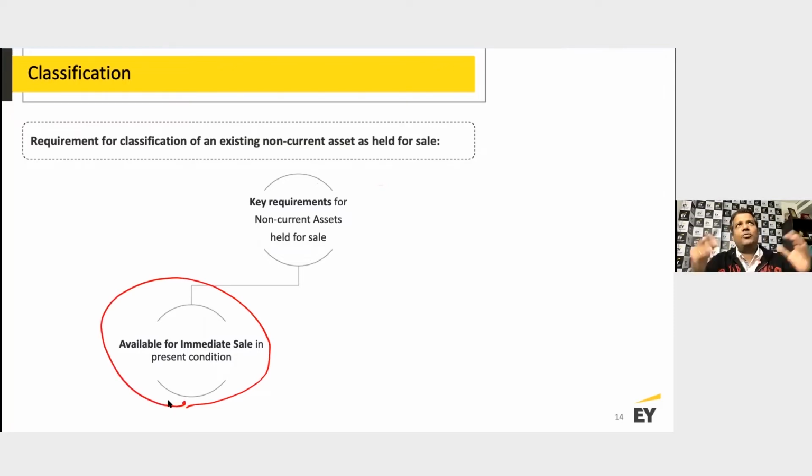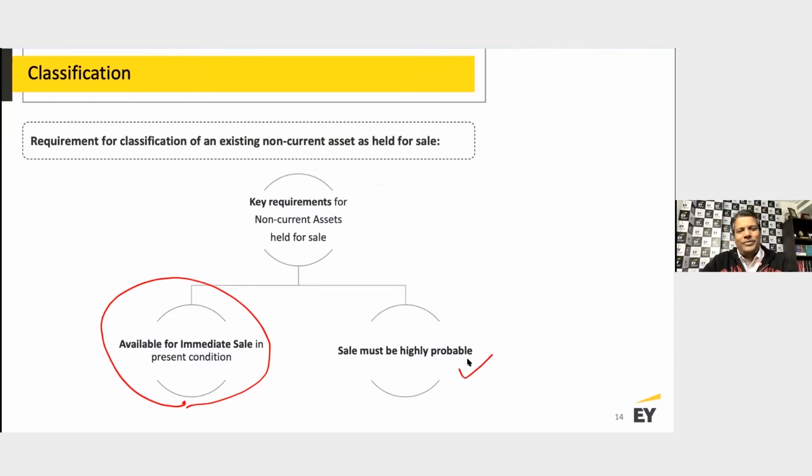That means, if you want to sell a building, the building is available for sale in its present condition. If you want to sell plant and machinery, the plant in my factory, for example, it has to be available for sale in its present condition. It's not that I need to take five more approvals; if approvals are required, they have to be customary approvals required to enable the sale. And the sale must be highly probable.